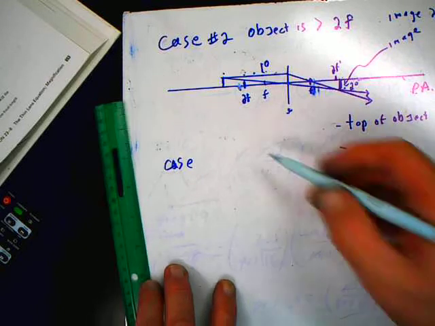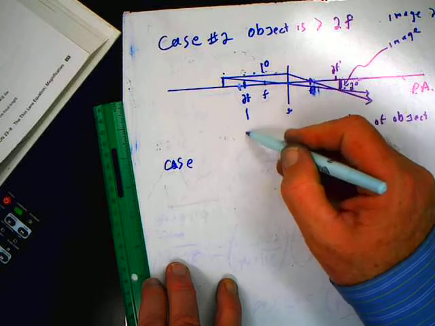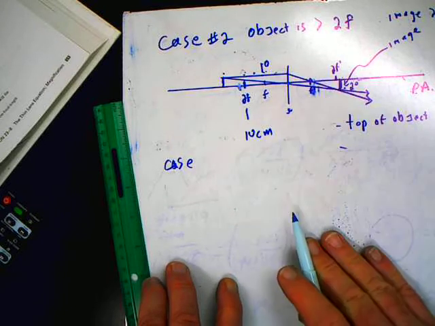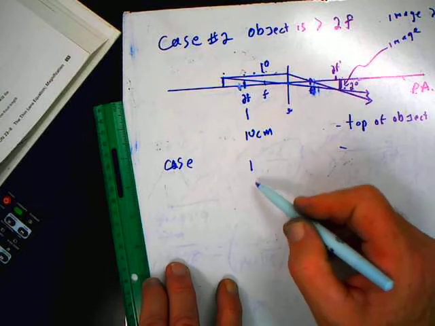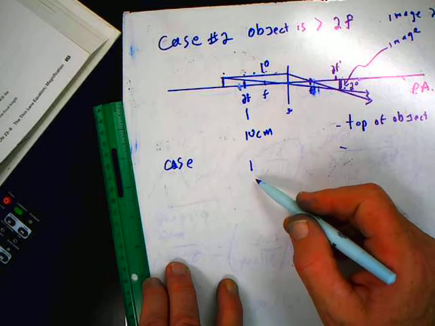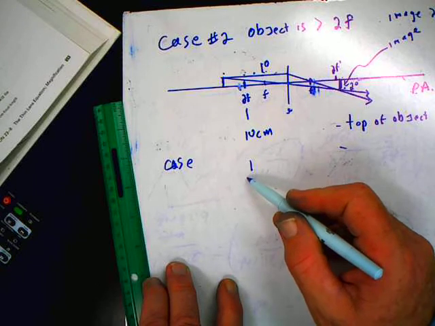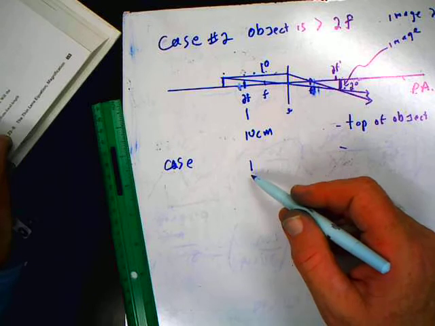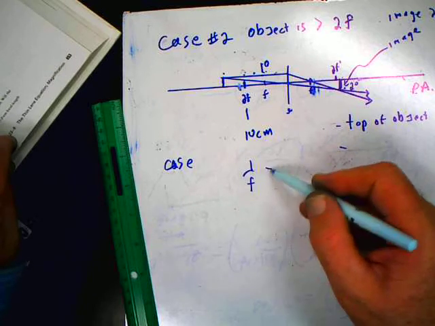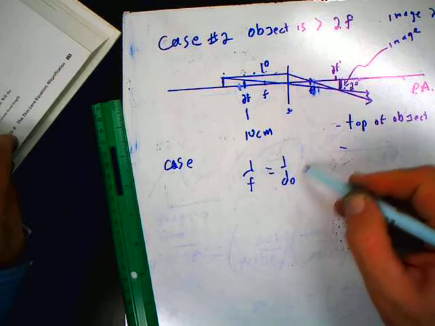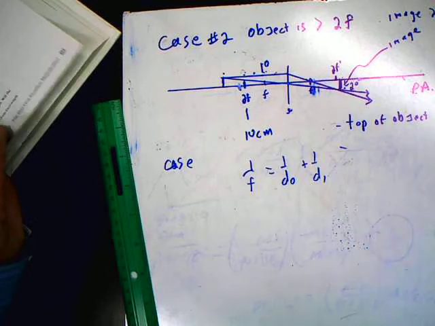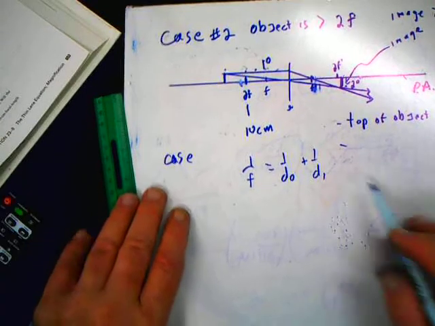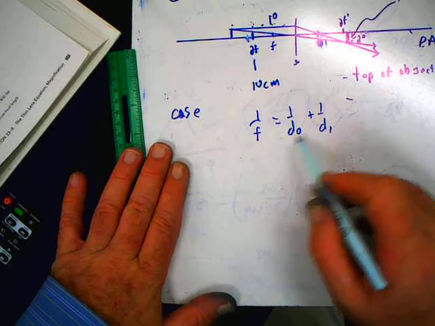Okay, guys, let's just take this to be 10 centimeters. The lens maker's equation is the following: 1 over F equals 1 over distance to the object plus 1 over distance to the image. My question is going to be, where is the distance to the image?